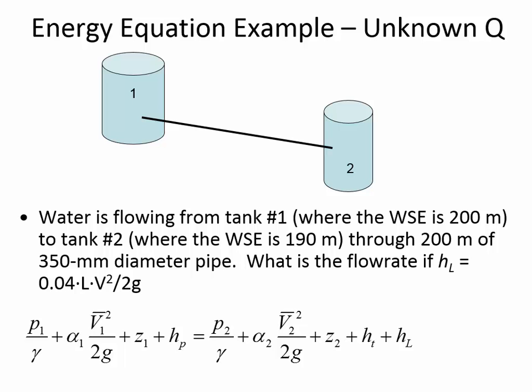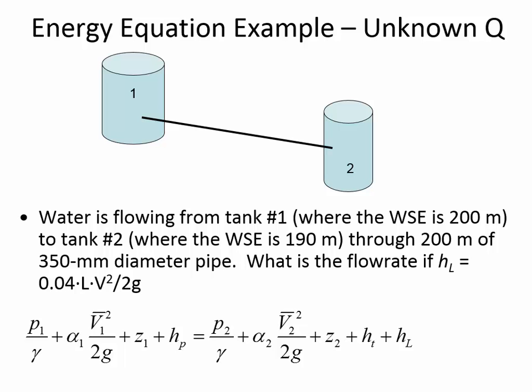And we said that here at location 1 there's no velocity because it's falling so slowly it's negligible. Same thing about 2. But you look at it and you say, well, I only see 2 velocities. There's this one and that one. But no, the other velocity is embedded in the head loss term. There's also a v in here because the head loss is dependent on the velocity in that formula.